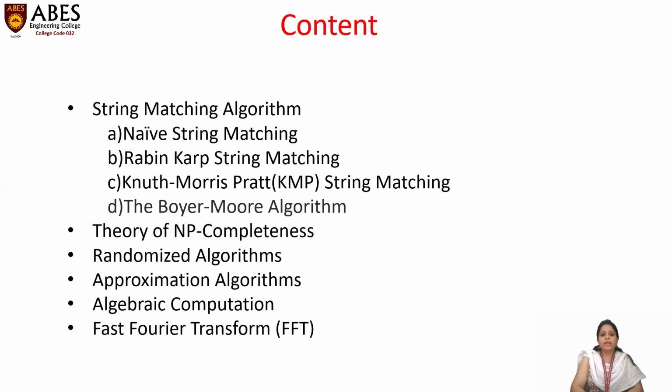The third topic that we will discuss in this lecture series is the randomized algorithm. A randomized algorithm is contrasted with a deterministic algorithm. In a deterministic algorithm, we know the exact path from the problem to a solution. In a randomized algorithm, we use random numbers at some point during the process to make a decision.